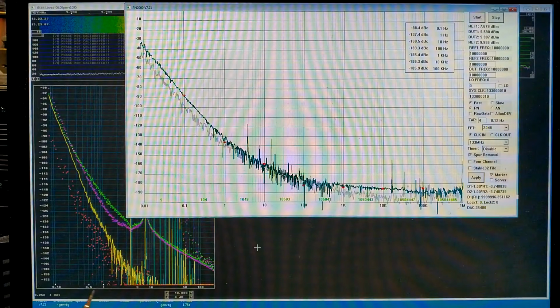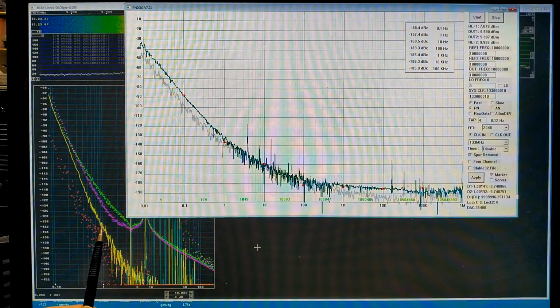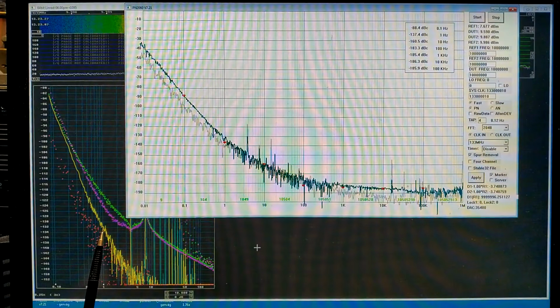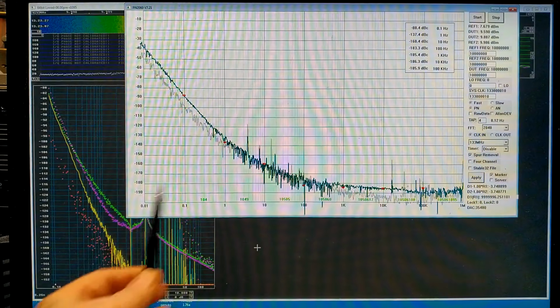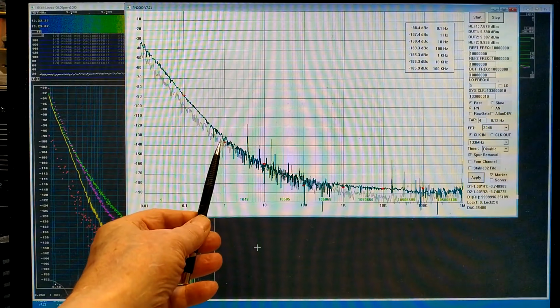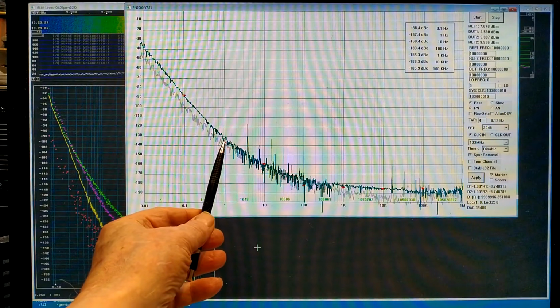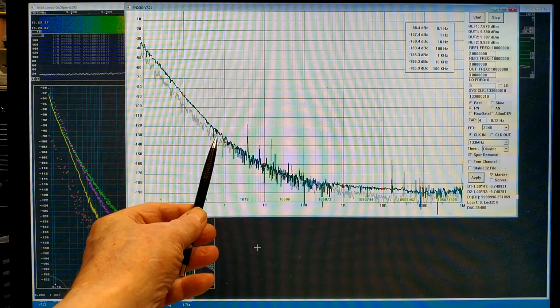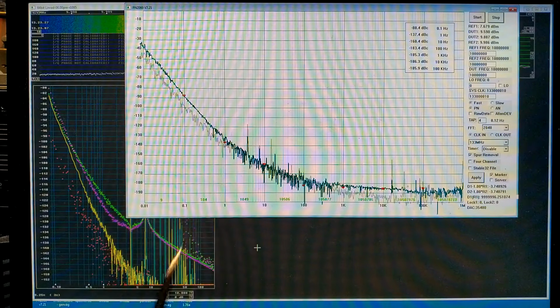And at 1 Hertz, that is here, I see -132. And here it is more questionable, but 132 looks quite okay. But this is more noisy. They have been running at the same time on the same signals.